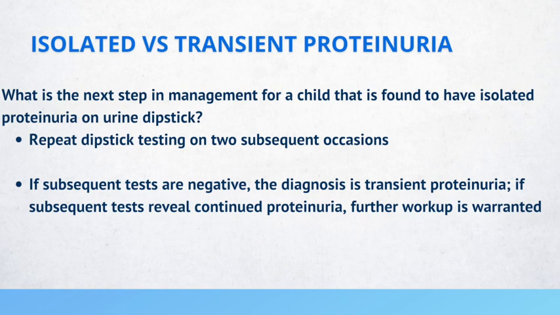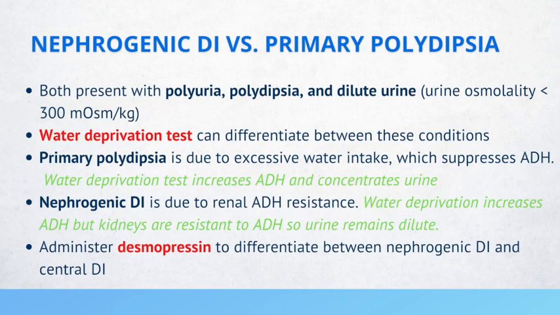So let's now compare nephrogenic diabetes insipidus versus primary polydipsia. Both of these conditions present with polyuria, polydipsia, and diluted urine. This is typically where the urine osmolality is less than 300 milliosmoles per kilogram.